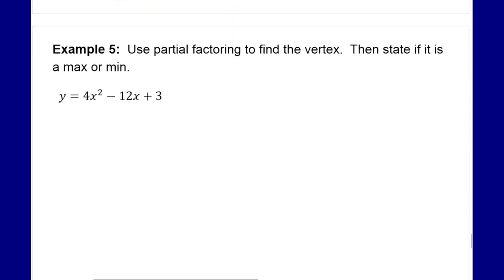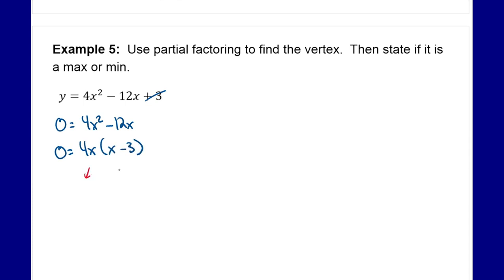Let's look at the next one. Technically we would set y equal to 3 and then cancel it out. If we know we're going to do that, let's just get rid of it right at the beginning and set it equal to 0. So 4x squared minus 12x equals 0. Common factor out 4x, and I get x minus 3.